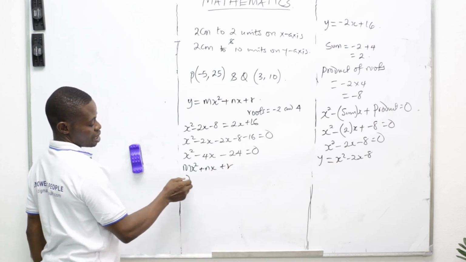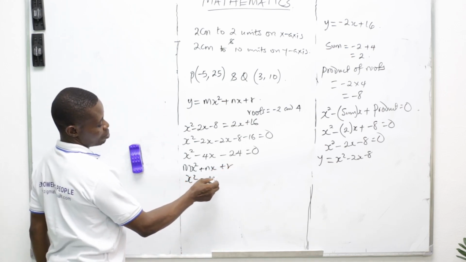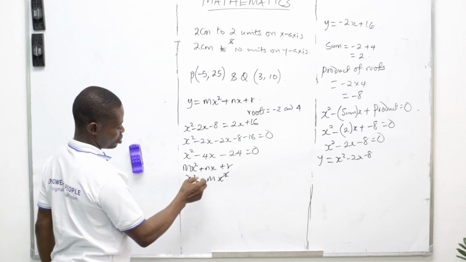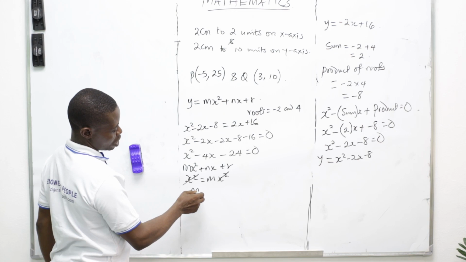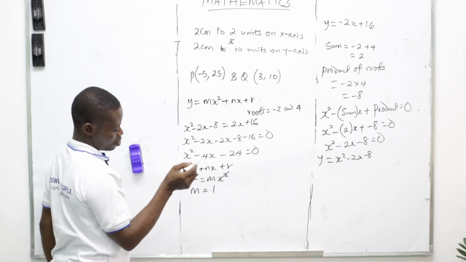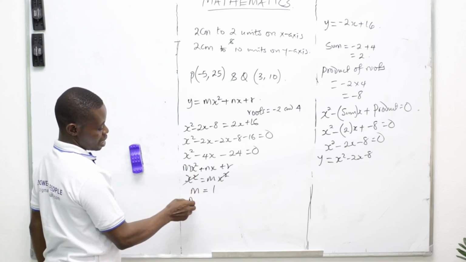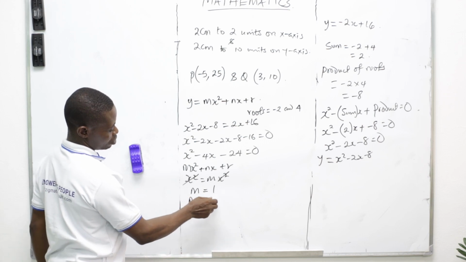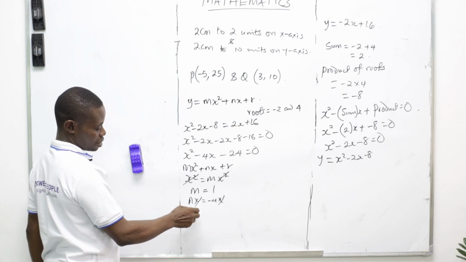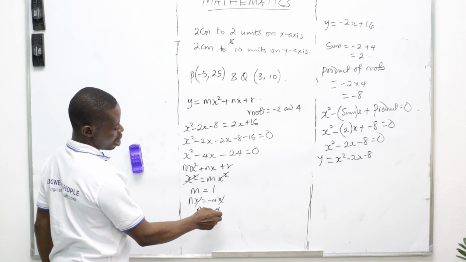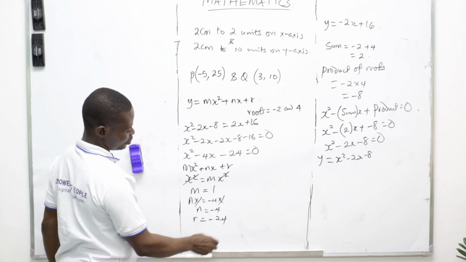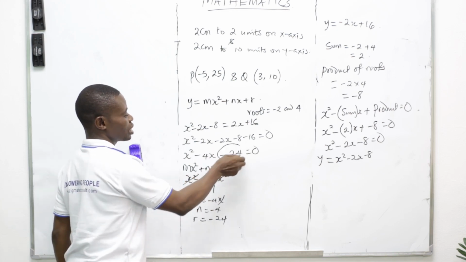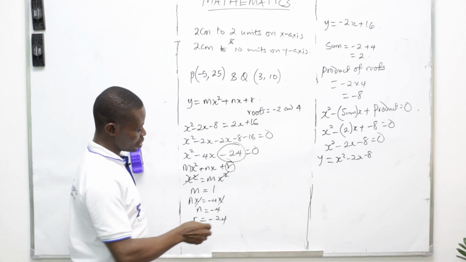That is x squared equals mx squared. Cancel, cancel. m will now give us what? 1. Okay? Now for n, nx equals 0x, so n equals 0. Now r equals minus 24 because it's a constant and this is also a constant.